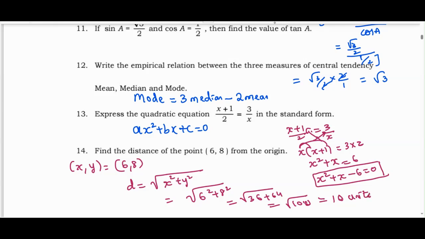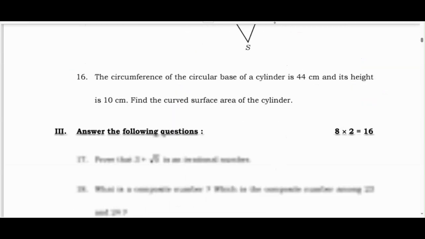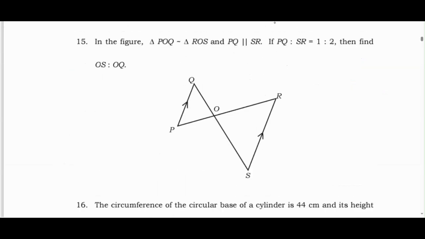So moving on to the next one, question number 15. Question number 15 says, in the figure, triangle POQ is similar to triangle ROS and PQ is parallel to SR. Find the ratio if PQ is to RS is 1 is to 2. So PQ is 1 and RS is 2.